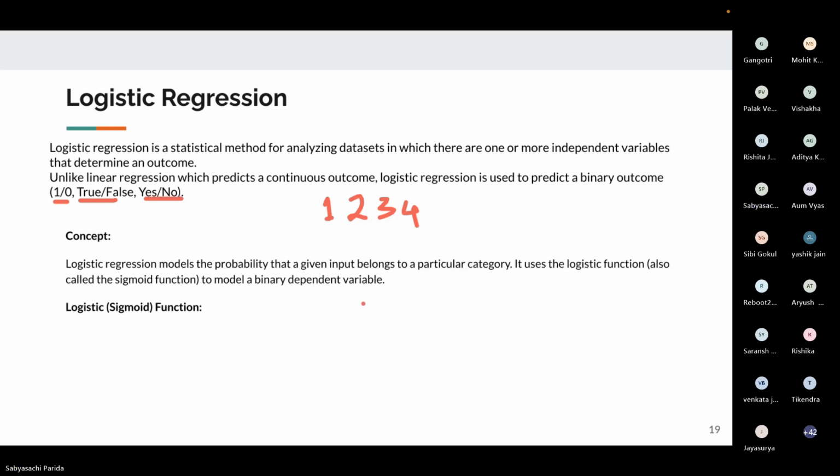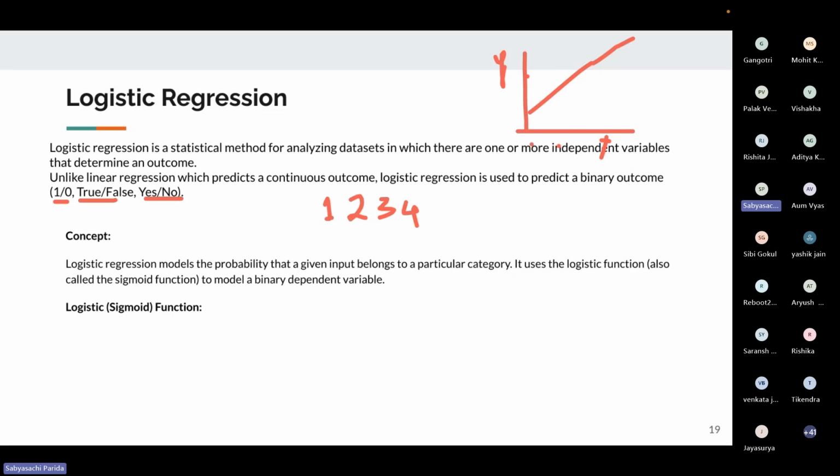So the concept is, if you're trying to build that, then the output of the model should also be either 0 or 1. Suppose I have built a linear regression, where it can be anything on the x-axis and y-axis, directly proportional, so as x increases, y increases.